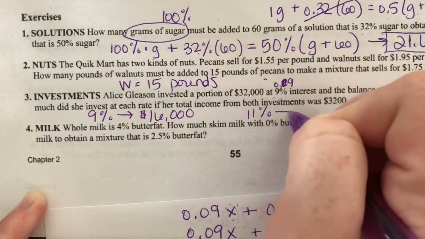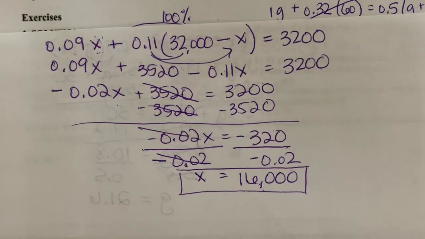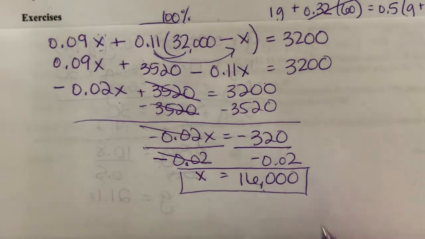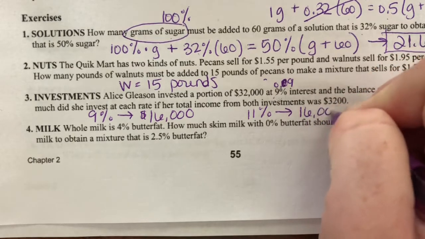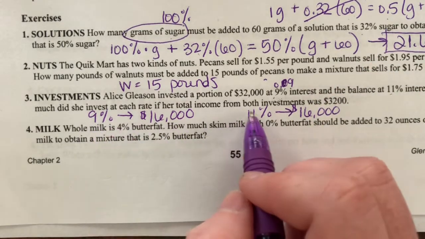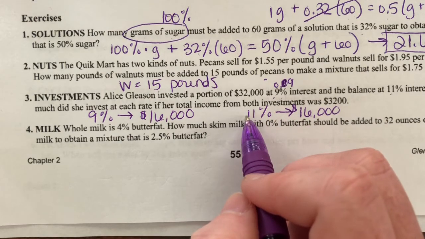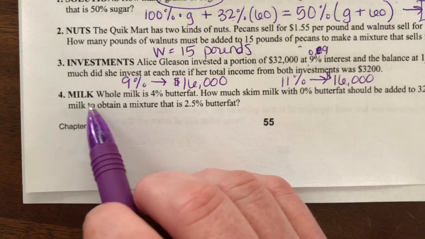And 11%, together it added up to 32 grand total. So 32,000 minus 16,000 equals 16,000, right? So they invested 16,000 at 9%, 16,000 at 11%.